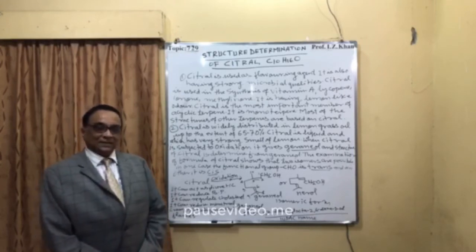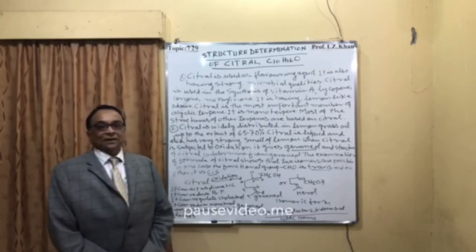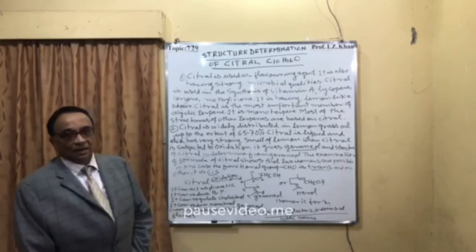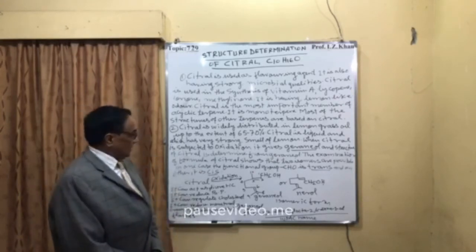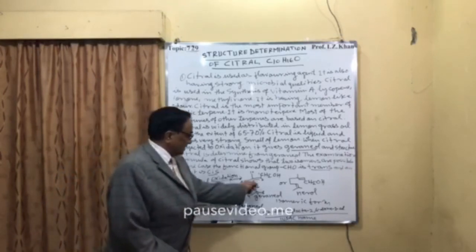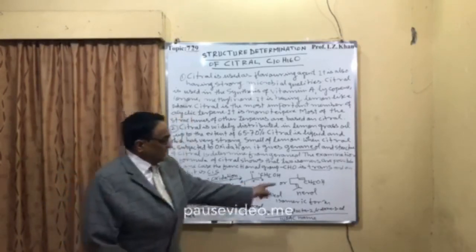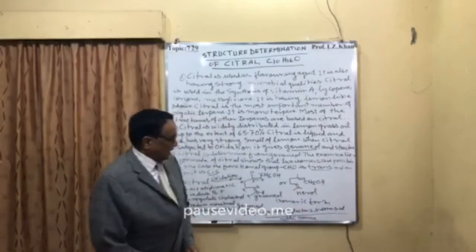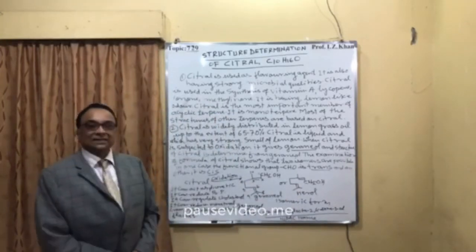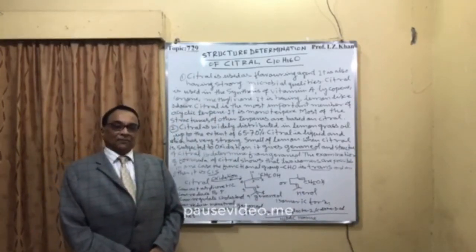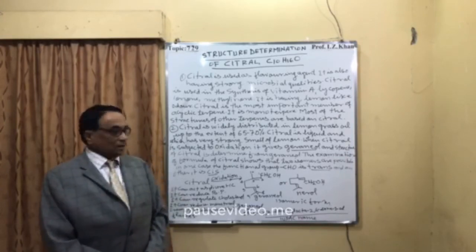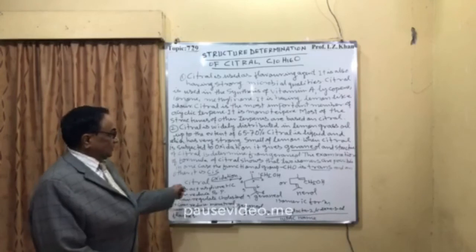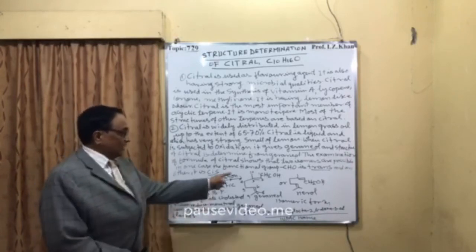The only difference is that in geraniol the aldehyde group is on the same side, that is the cis form, and in nerol it is the trans form. So only this cis and trans arrangement of the functional group is there, and that's why they are called geraniol and nerol. And once citral is subjected to oxidation, we get these 2.